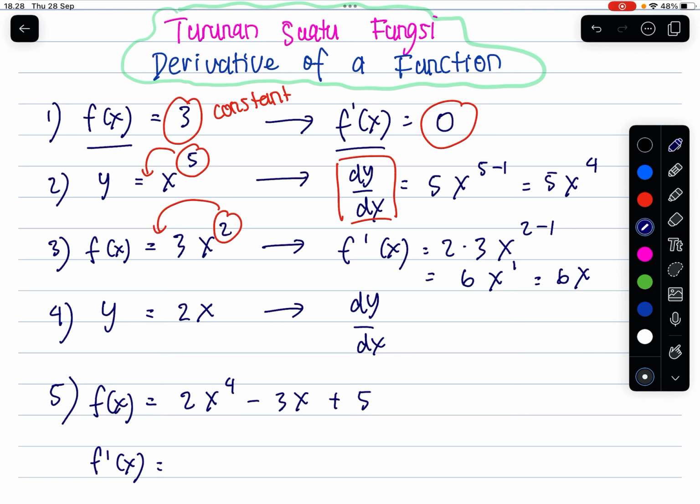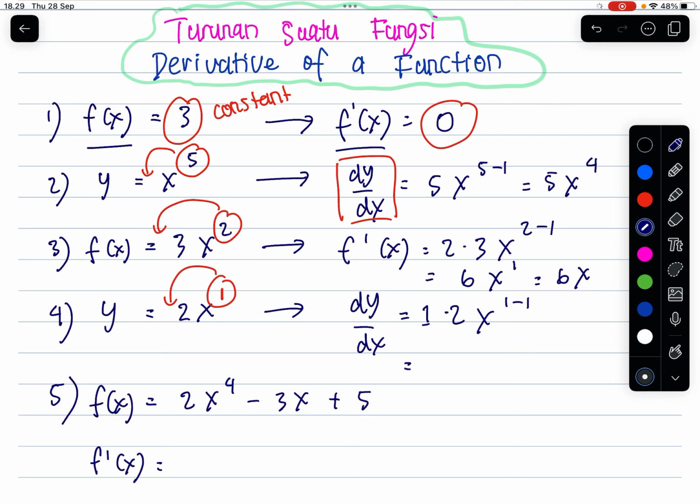Now we're going to do number 4. If you see there, 4 is y equals 2 to the power of x. Now, 2 to the power of x, x only, there's an invisible 1 up there. Jadi ada 1 di atas ya. Nggak kelihatan, tapi bisa kita tulis, okay? So, this 1 here, we're going to ditch to the front. Okay, so 1 to the front. So, because it's y, it's dy over dx now. 1 times 2, x to the power of 1 minus 1, dikurangi 1 kan?